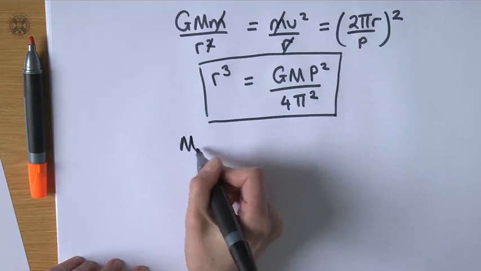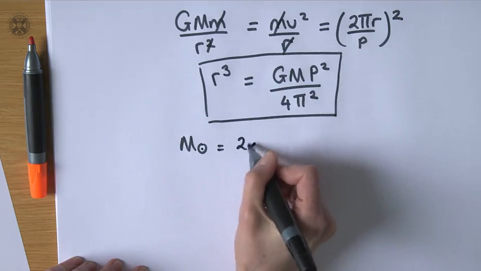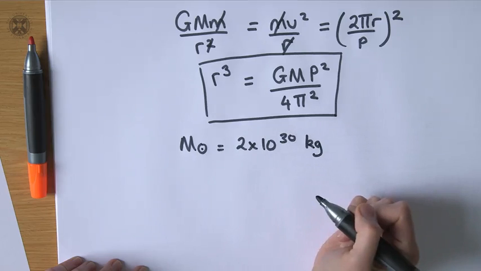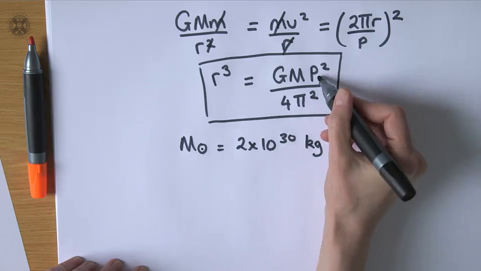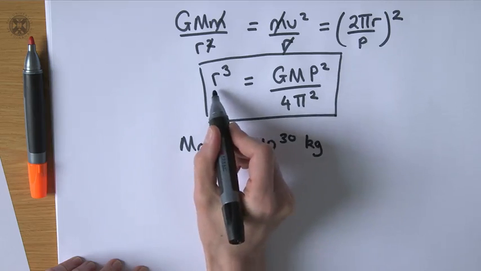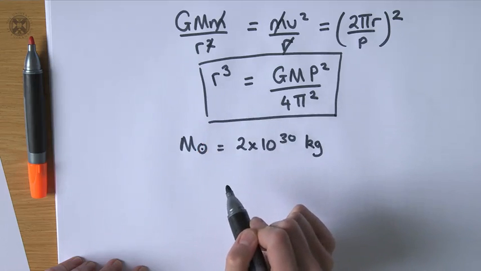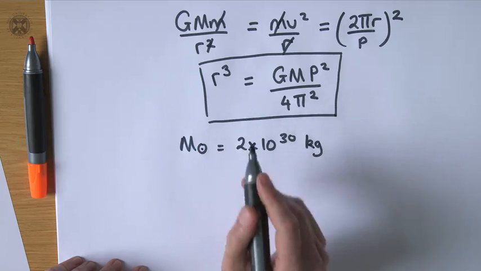Now, the mass of our sun is 2 times 10 to the 30 kilograms. We've calculated the time period, so you can now calculate the distance to our asteroid, and I'll leave that as an exercise for you to do. And you can also calculate the speed.